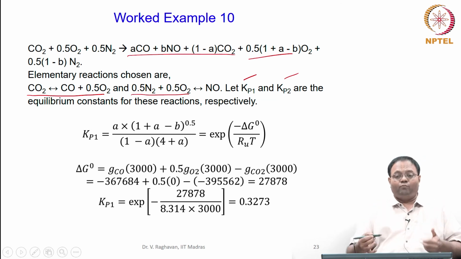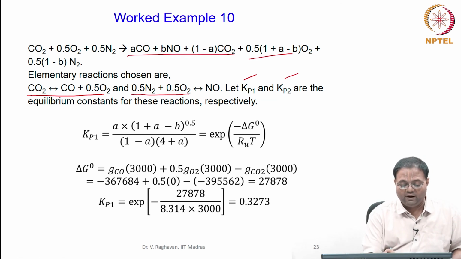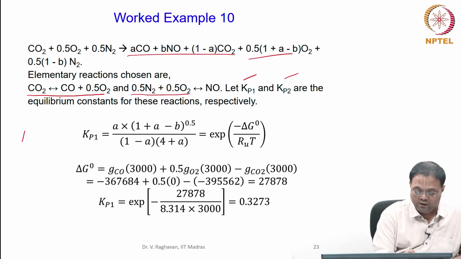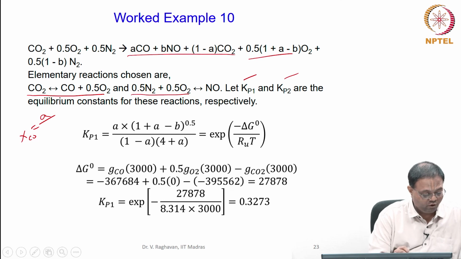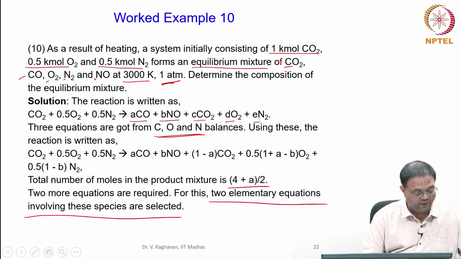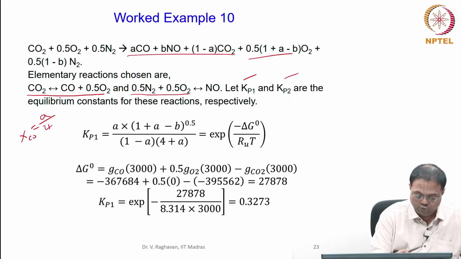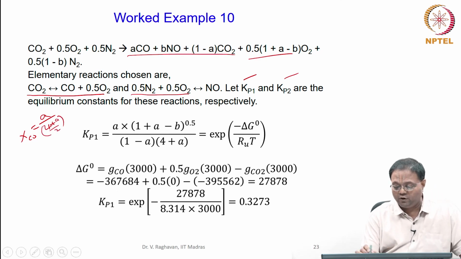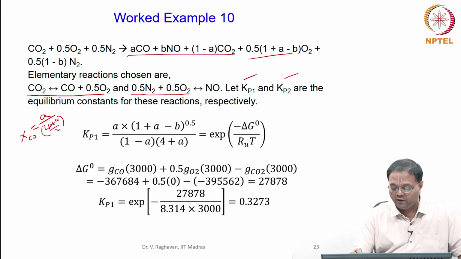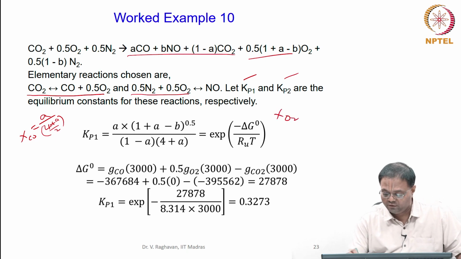So the total number of moles should be divided in each term. So for example, for XCO we write A by total number of moles, which is nothing but 4 plus A by 2. Similarly for O2 you can write XO2 as 0.5 times 1 plus A minus B divided by 4 plus A by 2.